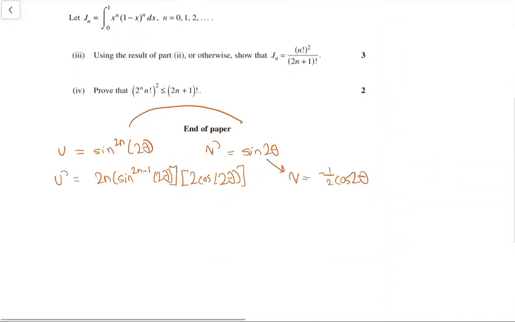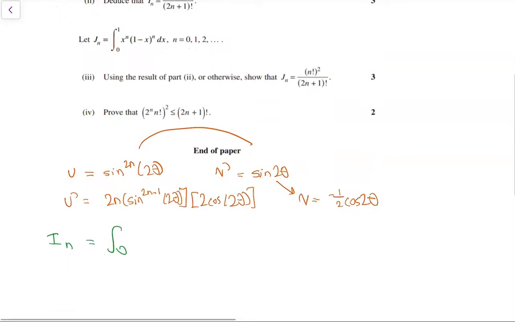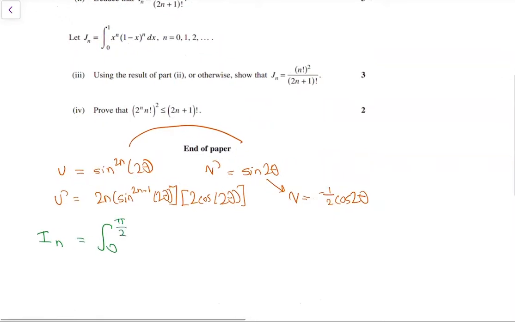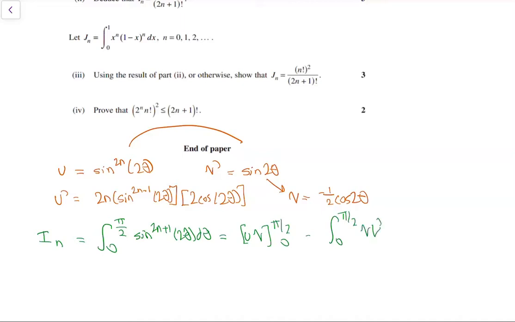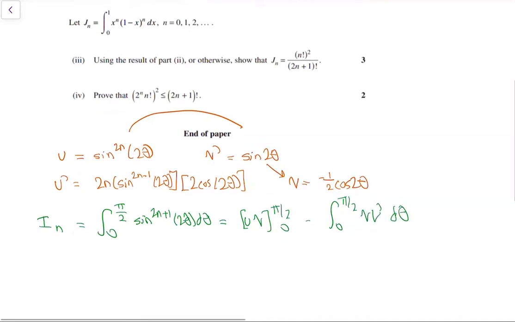And now the integral I_n, so that was the integral from 0 to pi over 2 of sine 2n plus 1 of 2 theta d theta, can be written as uv from 0 to pi over 2 minus the integral from 0 to pi over 2 of v u dash d theta.